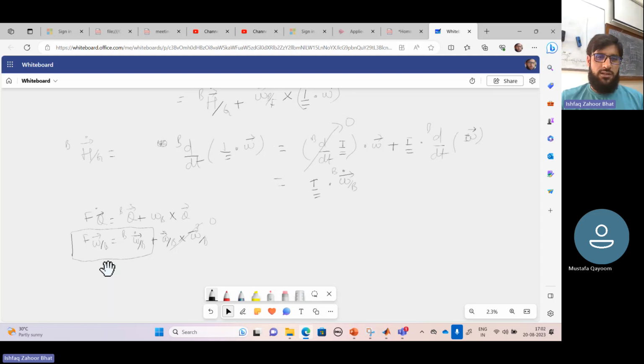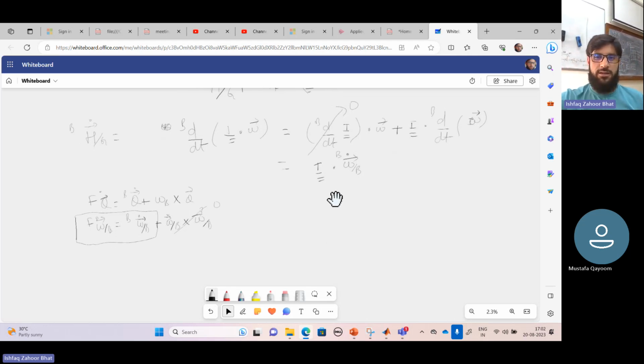This is very nice, which your mind will not accept, but it is. So the rate of change of angular velocity vector with respect to the fixed frame is equal to the rate of change of omega vector with respect to the body frame. This is the only vector whose rate is equal in both frames. So if you see it change with respect to the body frame, or you see it change with respect to a fixed frame, both are the same.